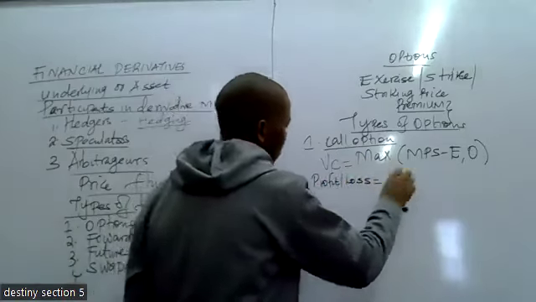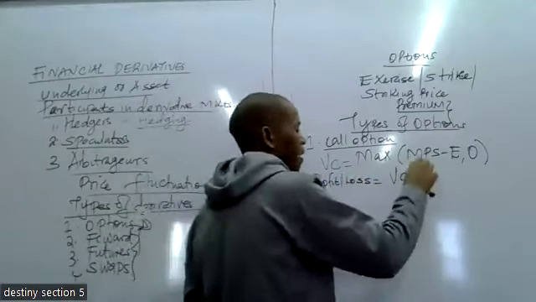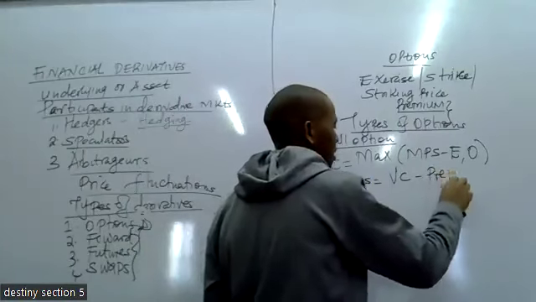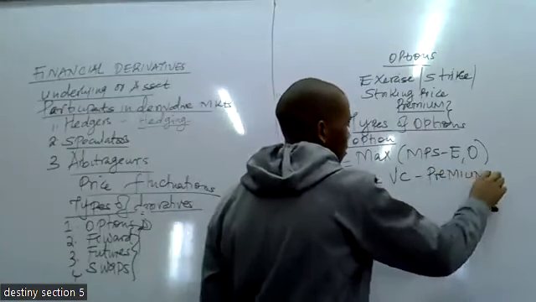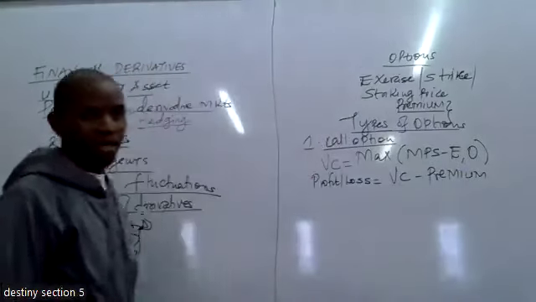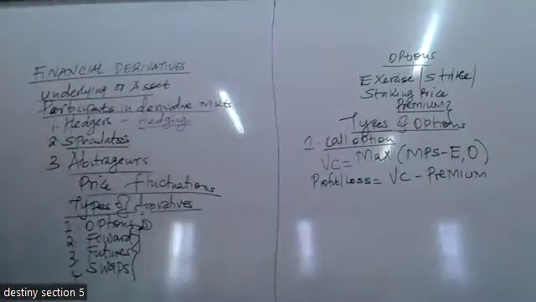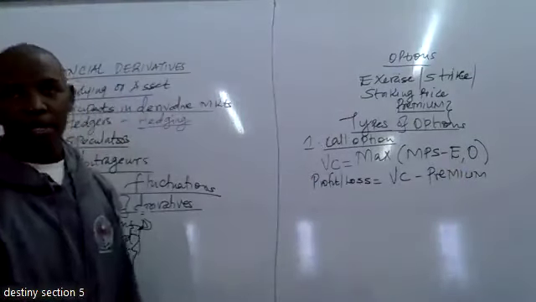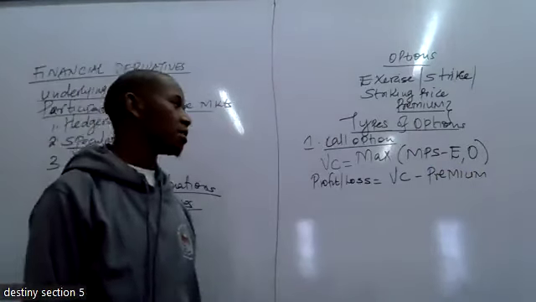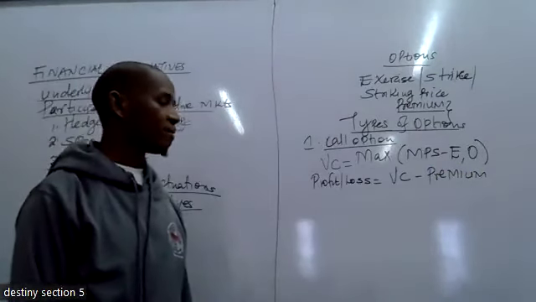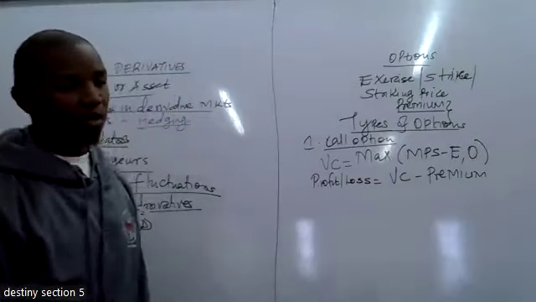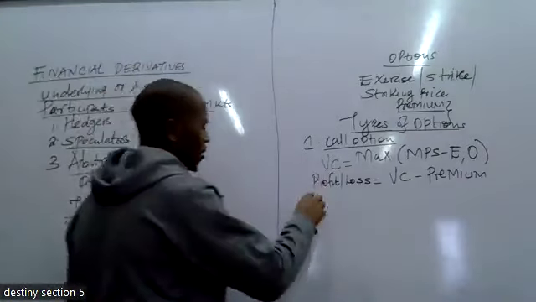Now, if you want to get the profit or loss, you will deduct the premium. This is the amount that the party to the contract will incur, which is non-refundable. That is what we call a call option.